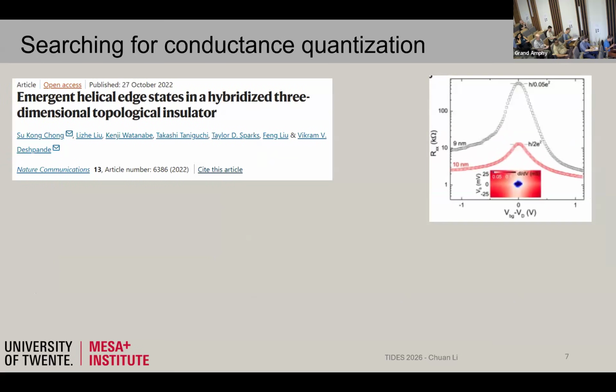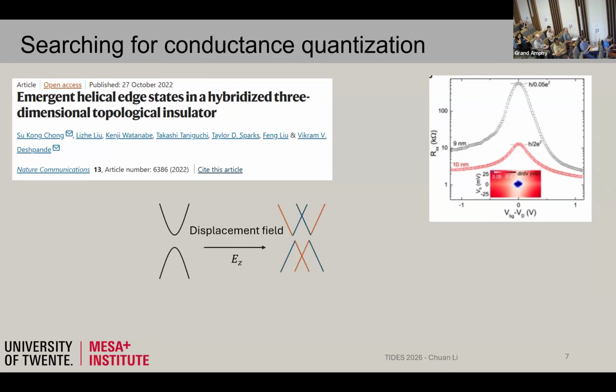Previously there was already some nice, quite impressive work done by the team of Deschamps. Here they simply exfoliate the bulk material, I think it was BSPS, quite a complicated compound, and they managed to reach a certain regime very close to the Dirac point, where the resistance reached h/2e squared, the quantum resistance value.